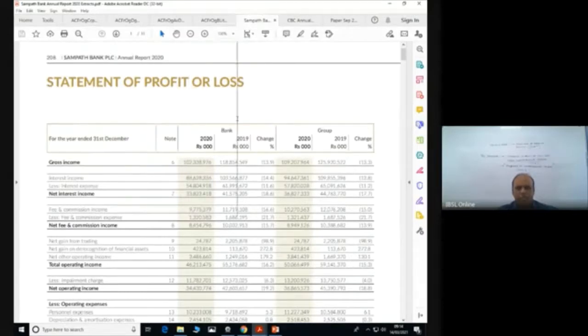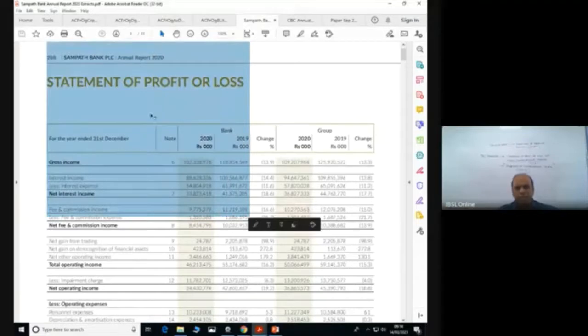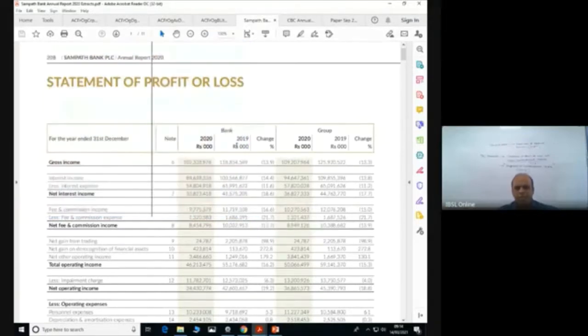Just look at the information contained in this. LKAS 1 requires the company name to be there. Look at this, there is Sampath Bank. Then they want the name of the statement. It is there: Statement of profit or loss. Then you need to say whether it is for the bank or the group.